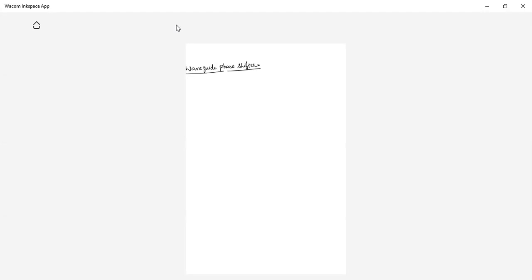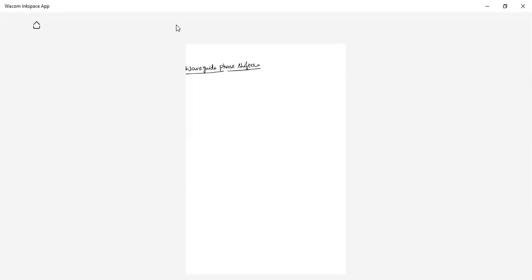The phase shifters are generally used to introduce phase shift or to change the phase shift of an electromagnetic wave propagating with some frequency in a waveguide.